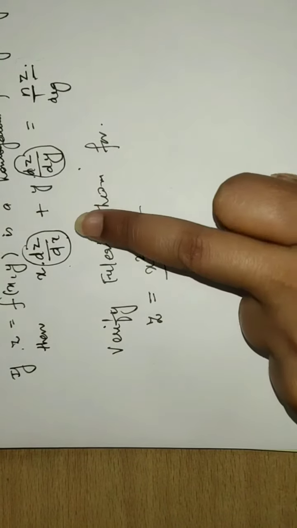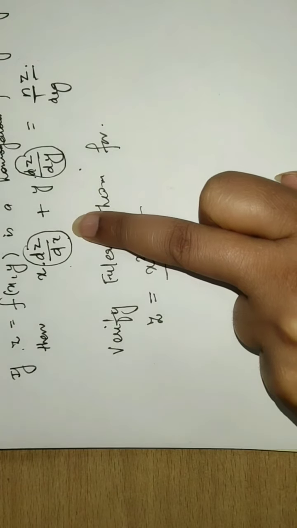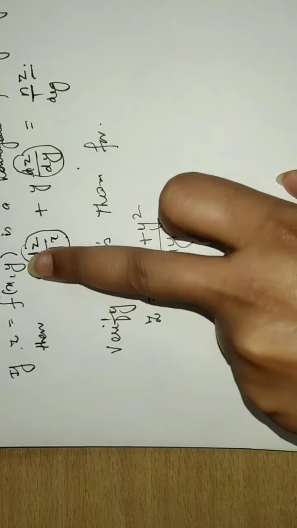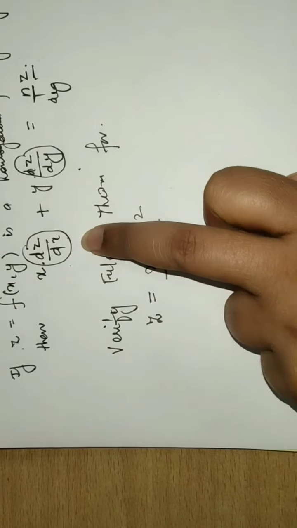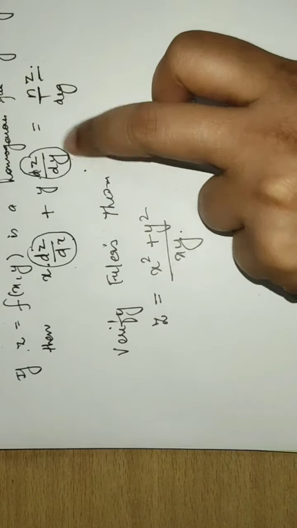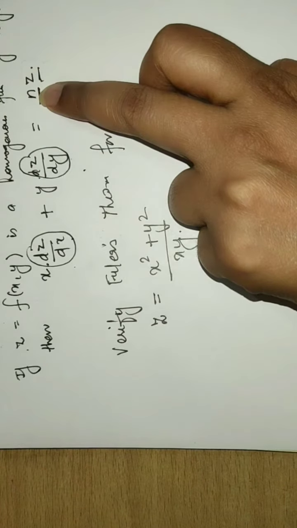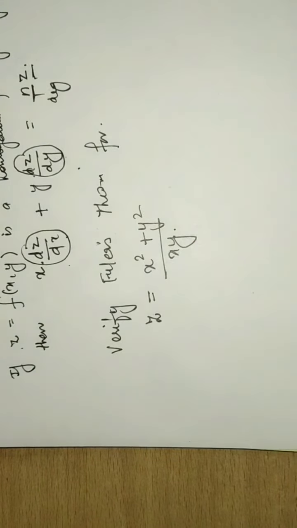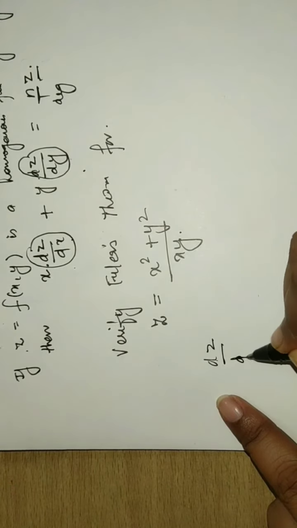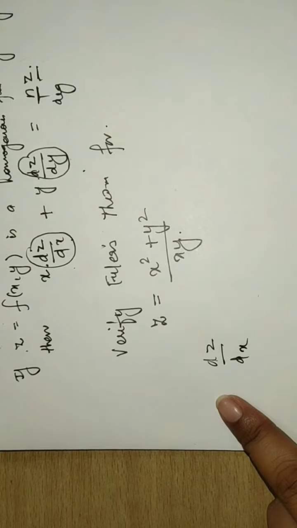It means we have to find delta z by delta x, delta z by delta y, and also the degree of the function. Let us find delta z by delta x.